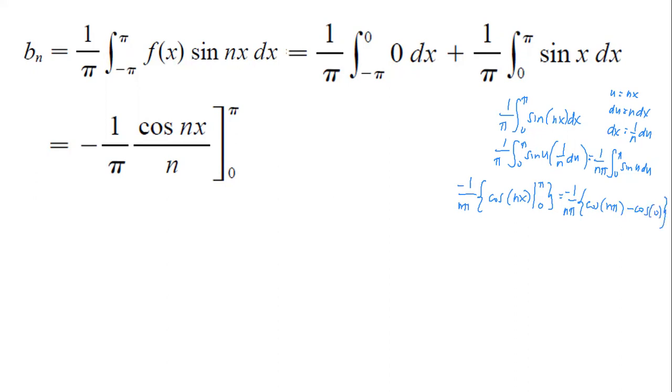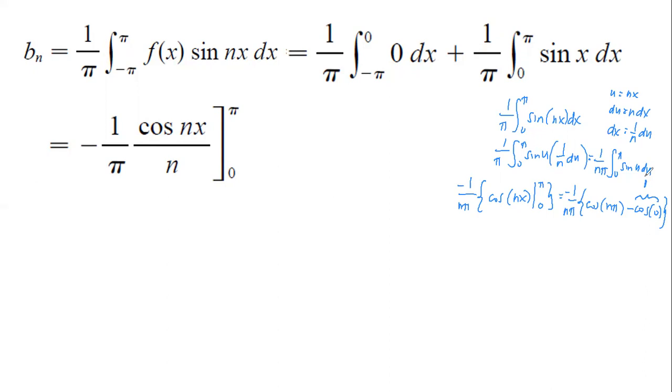Okay. So what's cosine 0? This is always equal to 1, no? Okay. And cosine n pi, we have two possible values, either negative 1 or 1, no? Because if n is 1, we're evaluating cosine of pi, which is negative 1.